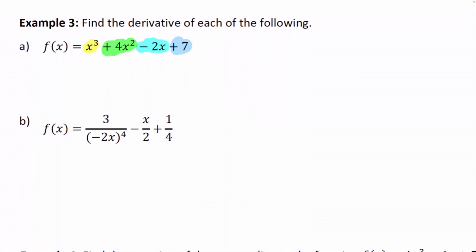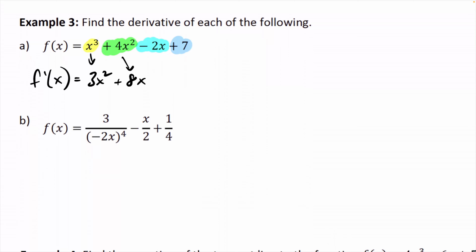So for example, what's the derivative of the yellow? 3x squared, right? 3x squared. What's the derivative of the green? 8x. Positive 8x. What's the derivative of the aqua? -2, right?